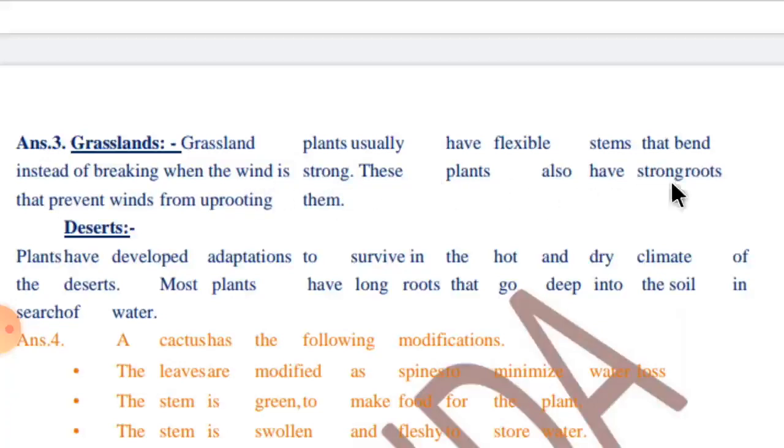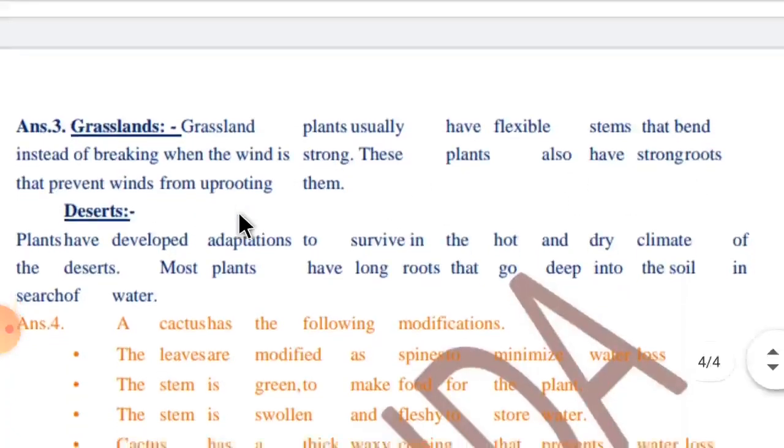These plants also have strong roots that prevent wind from uprooting them.